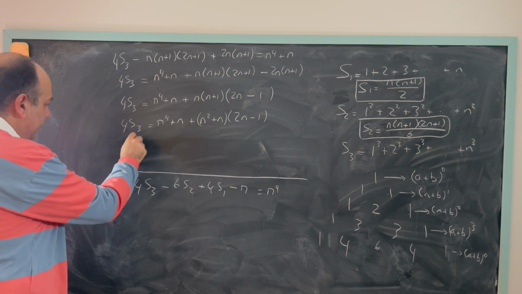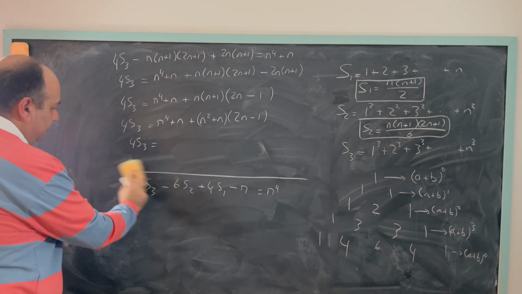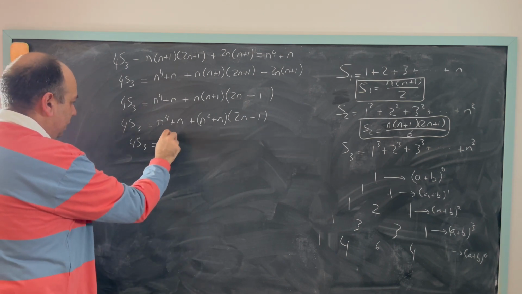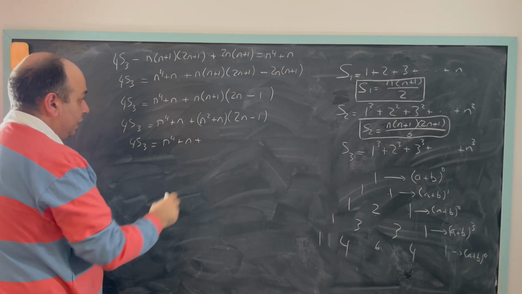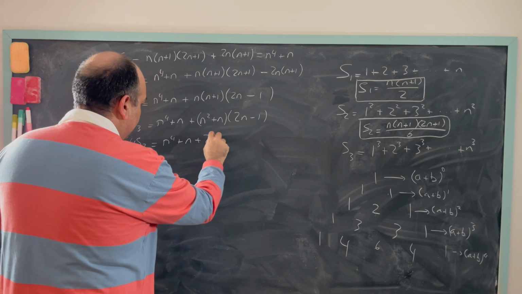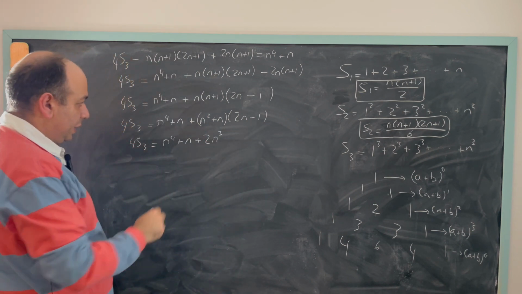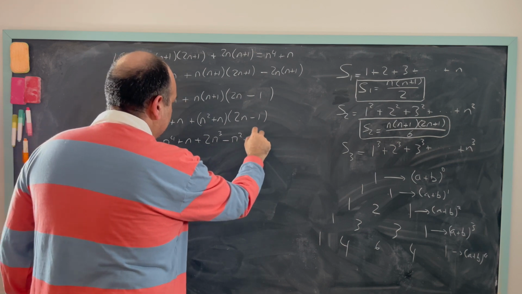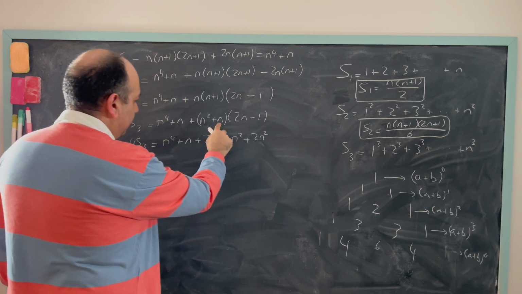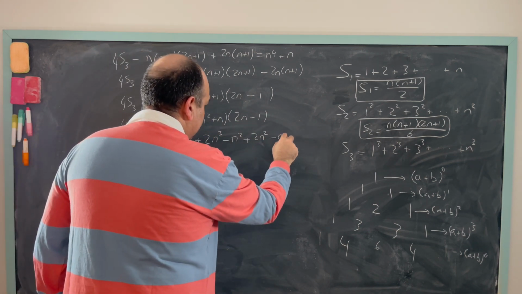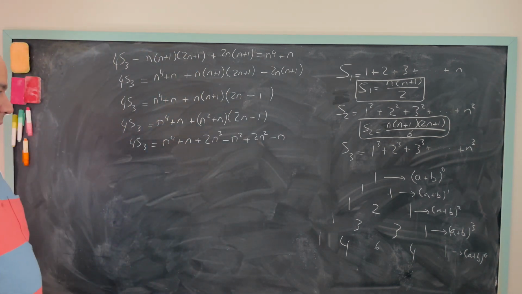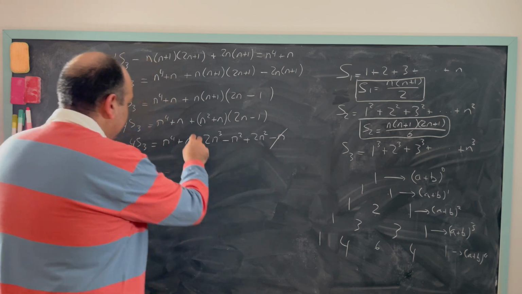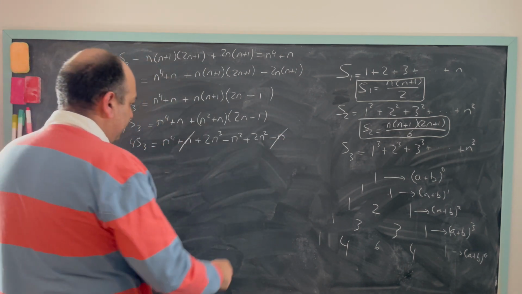So 4S3 is simply equal to, let me erase that, n to the 4 plus n plus. So I have 2n cubed, okay, minus n squared plus 2n squared minus n. Okay? So minus n plus n cancels.